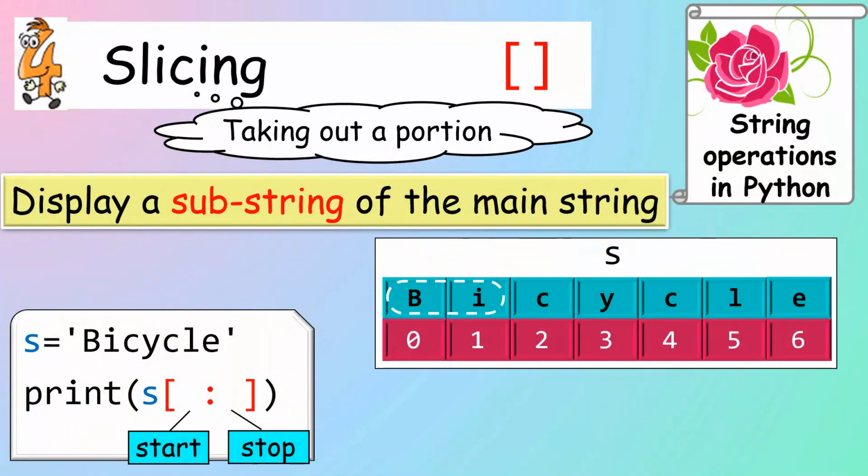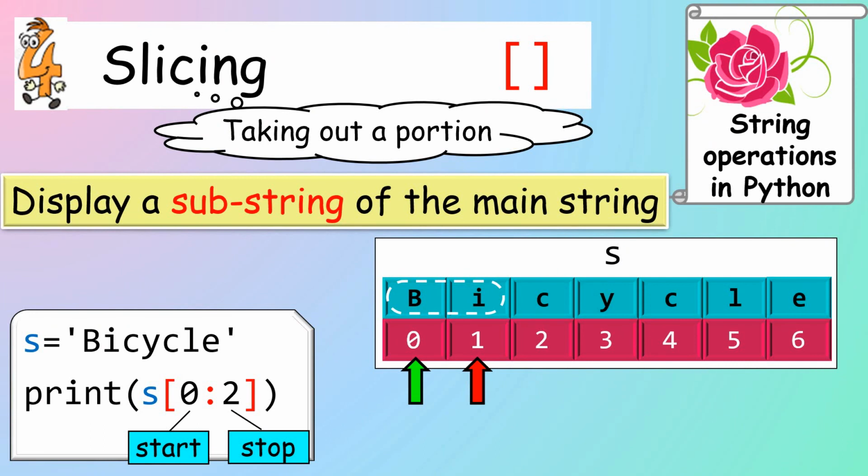So look at the substring bi. The start index is 0, so the start value is 0 in the print statement. And the stop index value is 1, so here you have to place 2. The stop value must be 2, because only then Python will stop at stop minus 1.